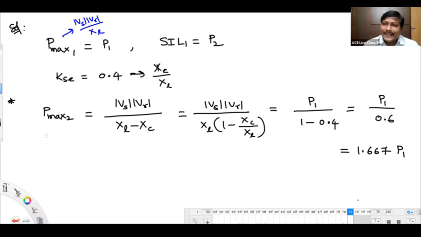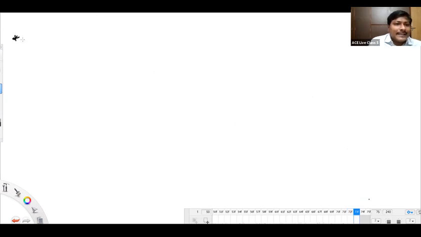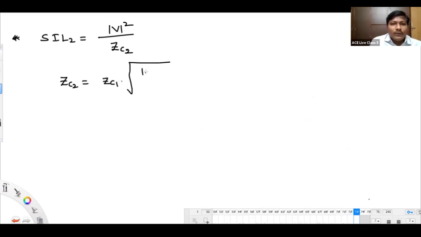Next, we'll think about the SIL calculation, surge impedance loading calculation now. What is the SIL2 formula? SIL formula is generally V square by ZC, but here I should write ZC2. What is ZC2? It is ZC1 into root of 1 minus KSE by 1 minus KSH.